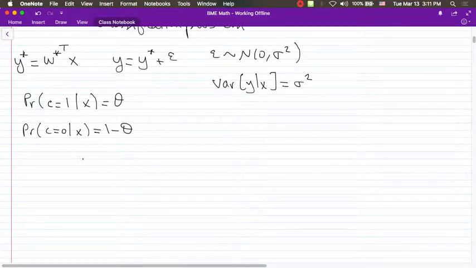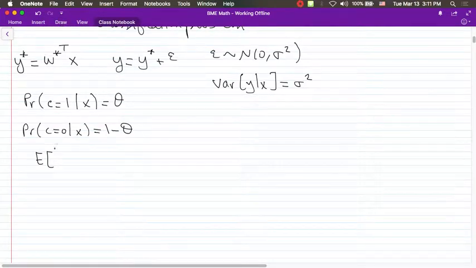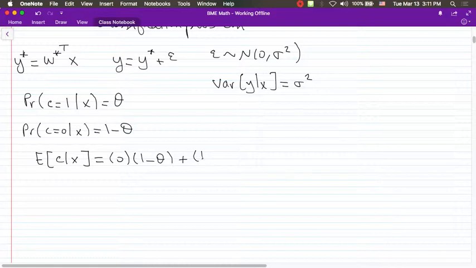If those are the probabilities of these classes, then the expected value of your class given the input X is, well, you have two classes, value 0 and value 1. Value 0 times its probability, 1 minus theta, plus value 1 times its probability, which is theta, which is just theta. So the expected value of C given X is theta.